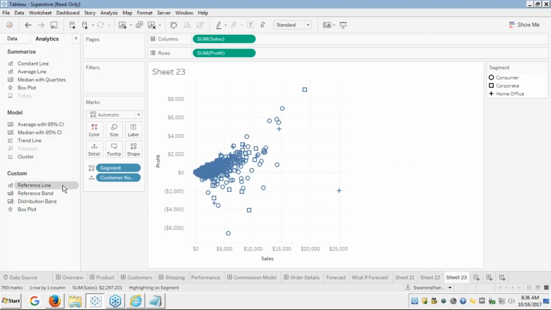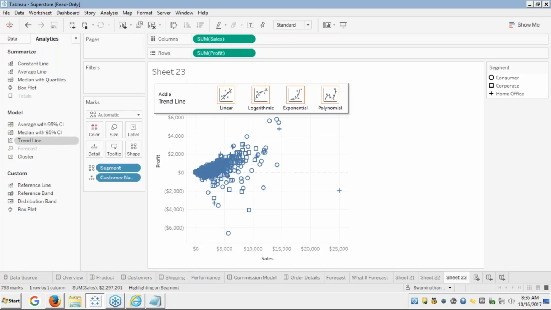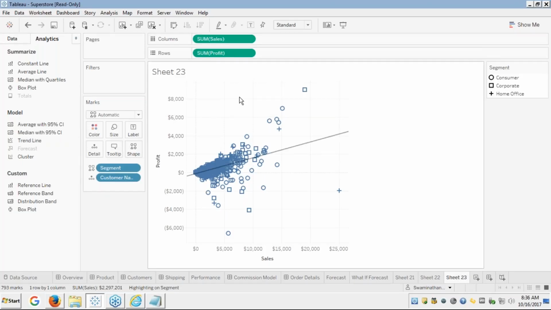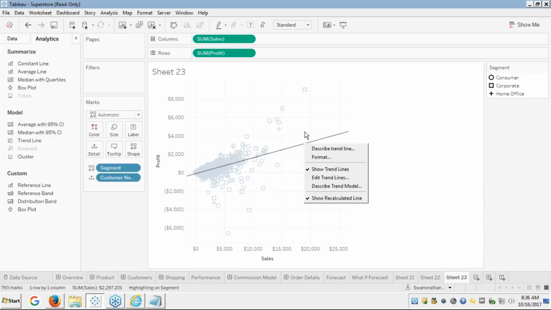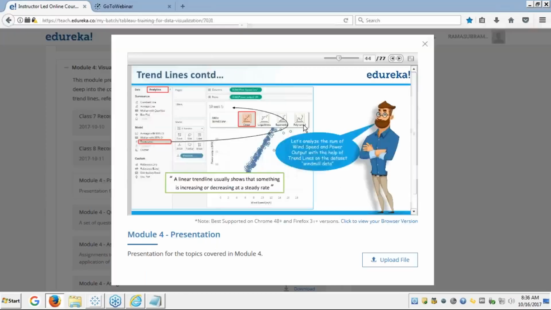Just go here to analytics, and there is a trend line option very similar to this, and you can choose the trend line here, a linear, a polynomial, or anything. Based on the trend line you choose, the same options come there, but it's the other way of doing the same thing.